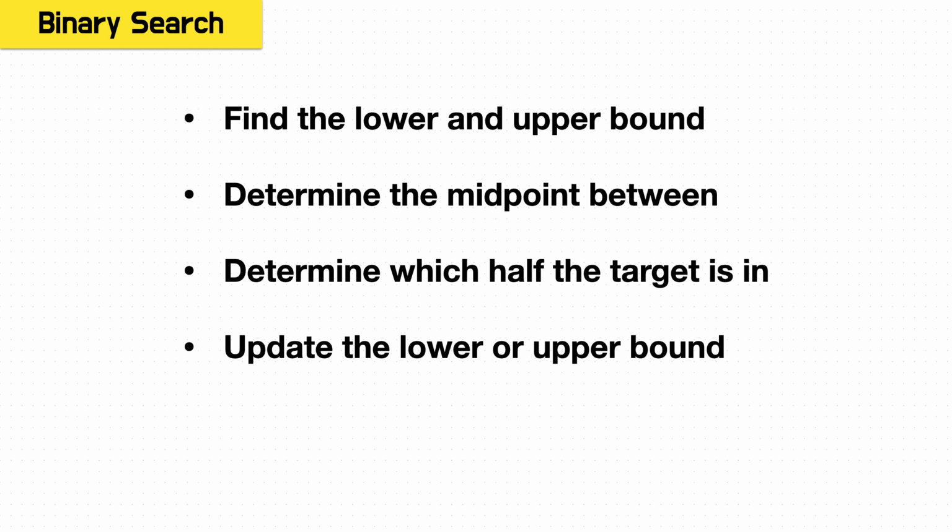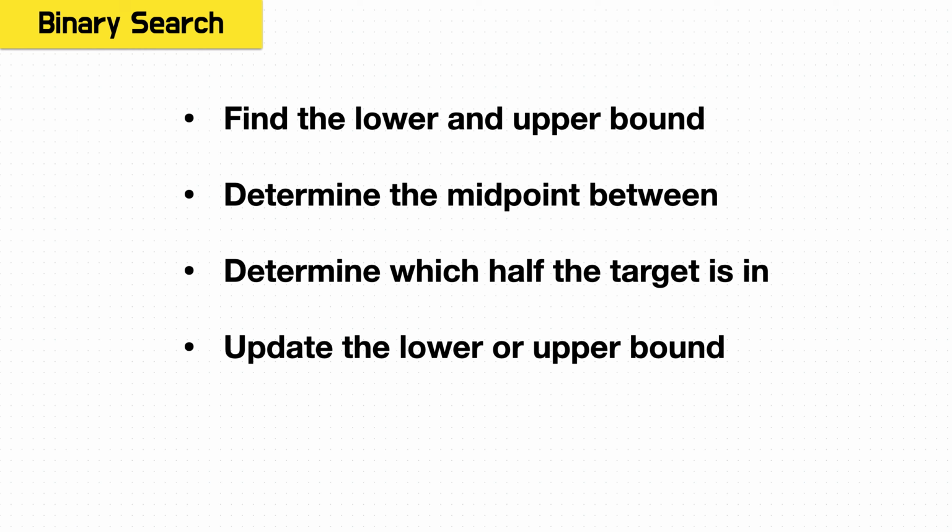So let's just again walk through the steps of using binary search. You first find your lower and upper bound. Then you find the midpoint between those two items. Then you compare the target to the midpoint, and you can determine which half the target must be contained in, depending if it's larger or smaller than the midpoint value.